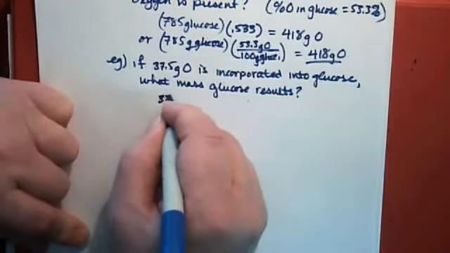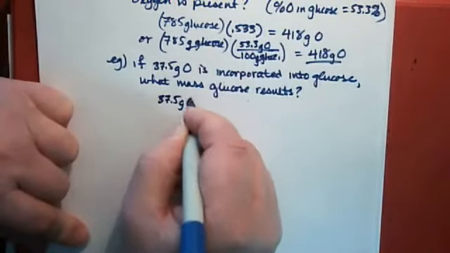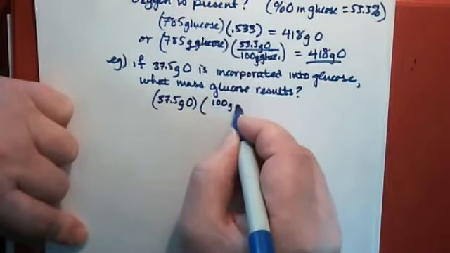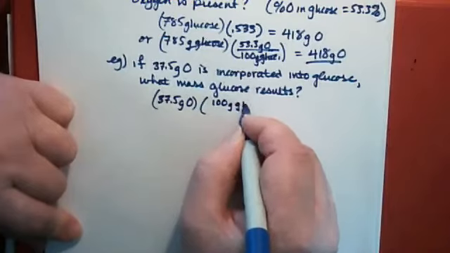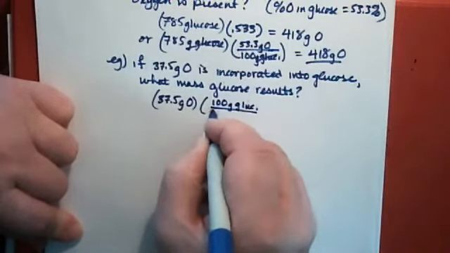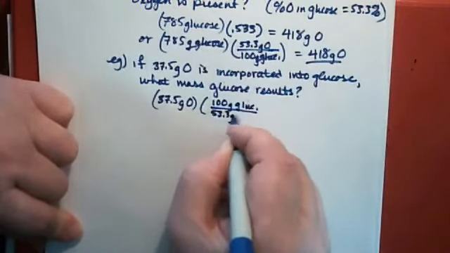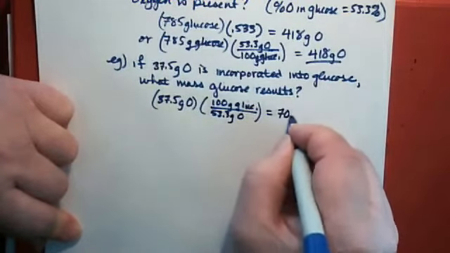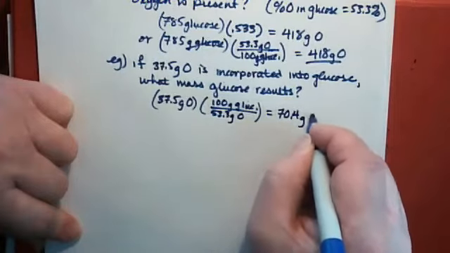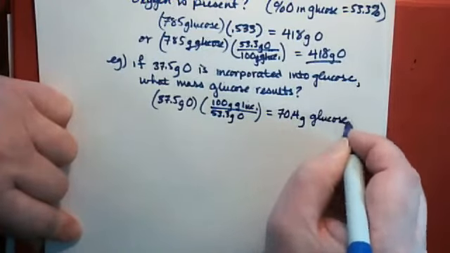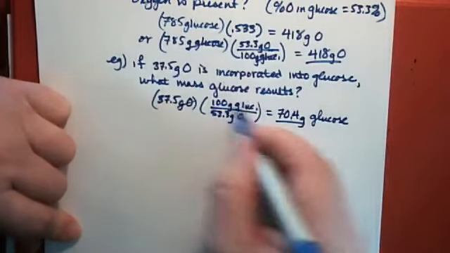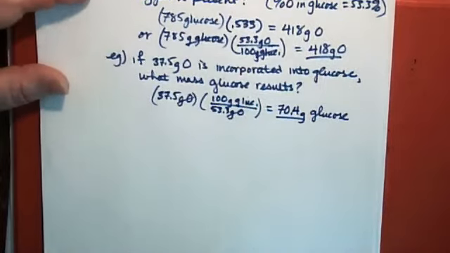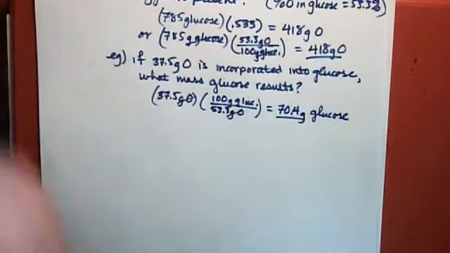So if we have 37.5 grams of oxygen, and we know that 53.3% means that there's 100 grams of glucose for every 53.3 grams of oxygen, then we get that there should be 70.4 grams of glucose that the plant can make. And then you could compare that amount to what the plant actually made, and you could sort of judge the plant's efficiency.